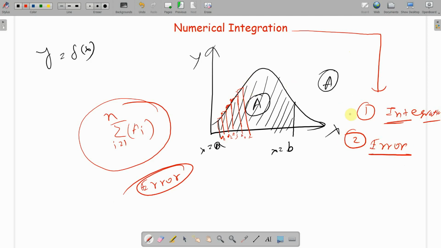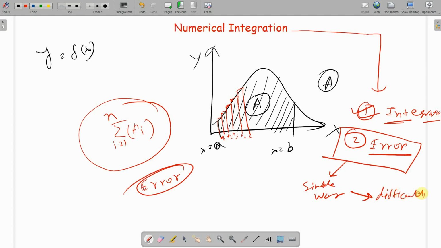The integration part I will discuss in detail, how to do integration using several methods. The error part, initially and intentionally, will be discussed in a very simple way, and then you will face some difficulties. You will have some resistance or face some challenges calculating error by the simple method.